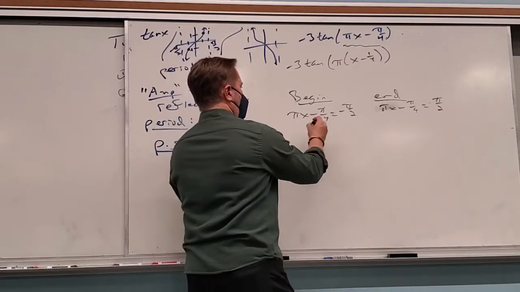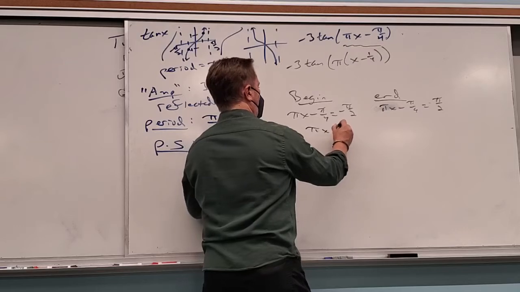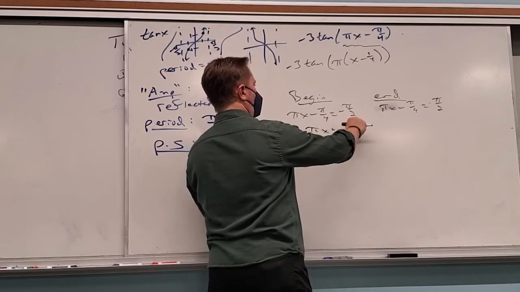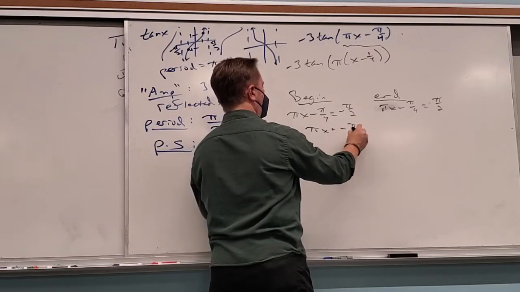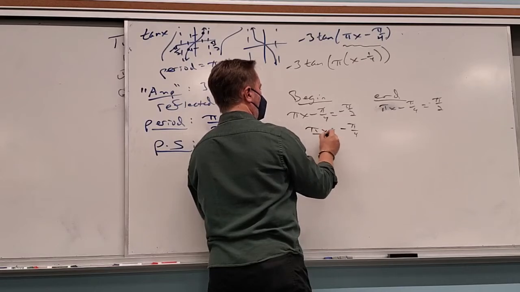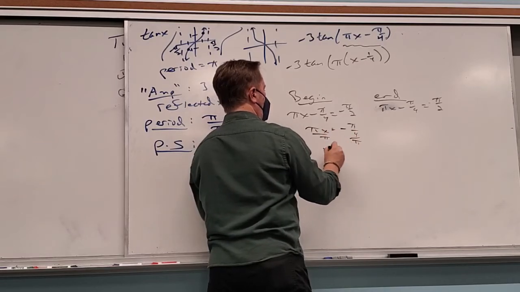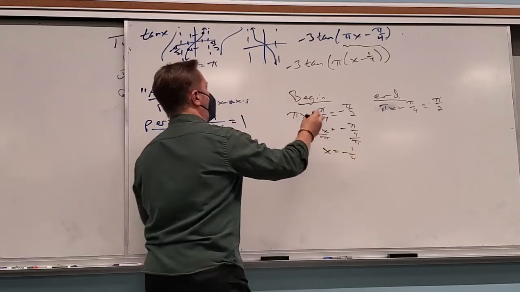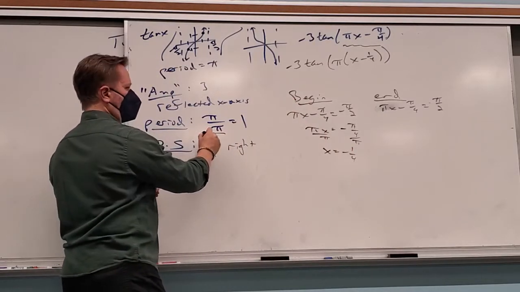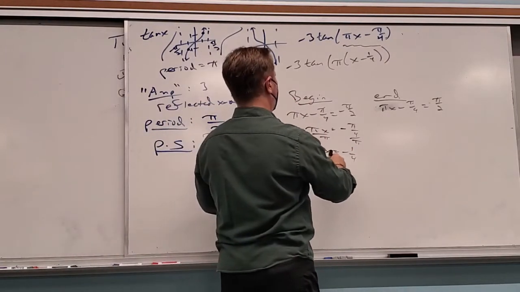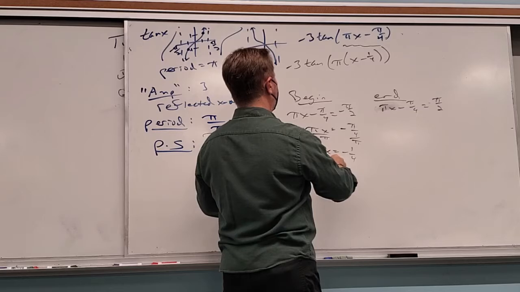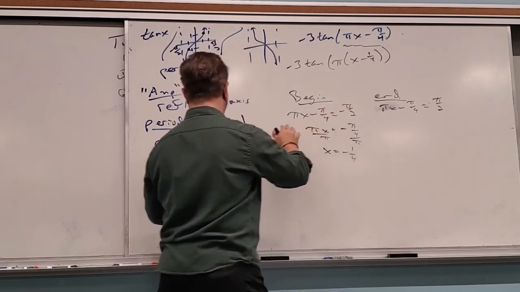So let's see if we get familiar looking stuff. If I add pi over 4 to negative pi over 2, I get negative pi over 4. If I divide by pi, I get x is negative 1/4, which matches with, what happened? Oh, that's right.